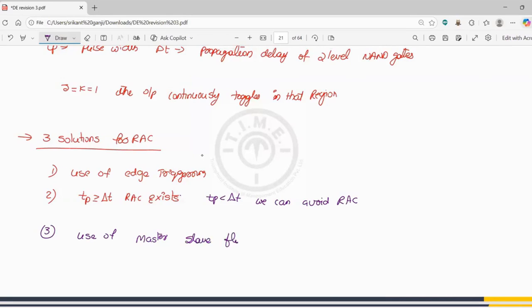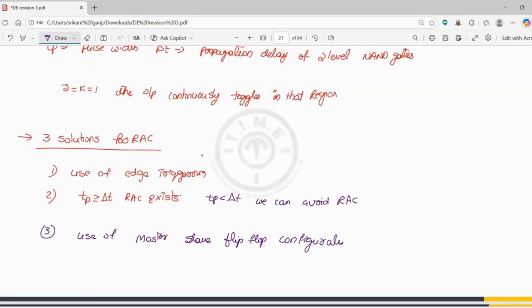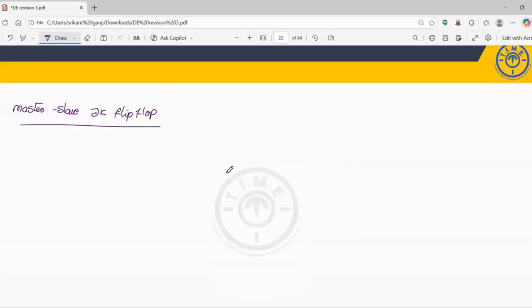This is the master slave flip flop configuration. Coming to the master slave JK flip flop, you can observe the logic diagram here. This is J, Q and K, Q bar here.